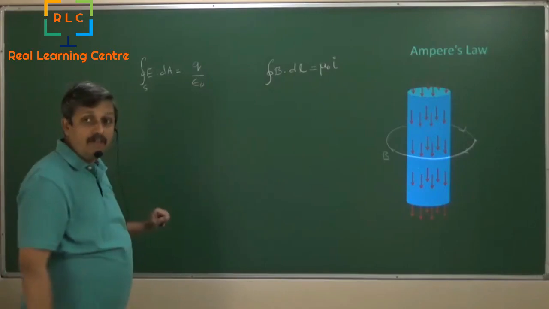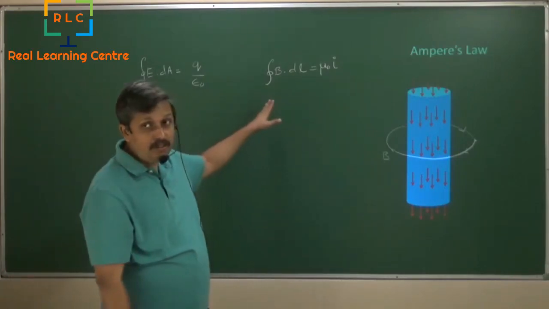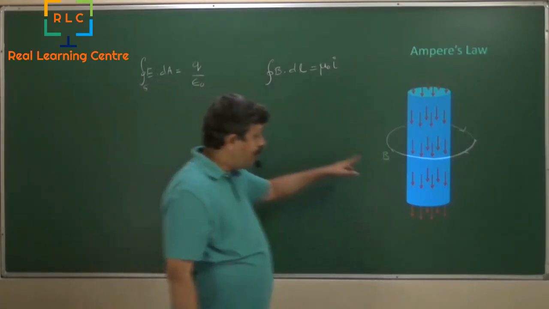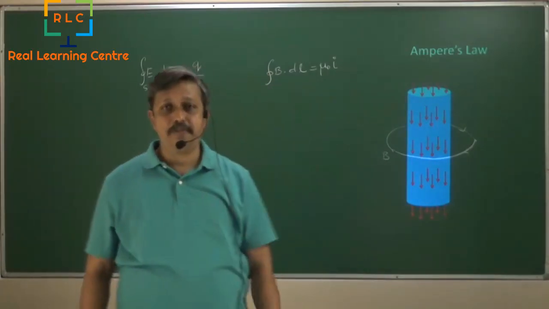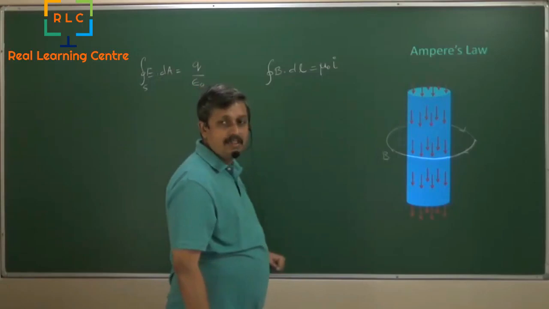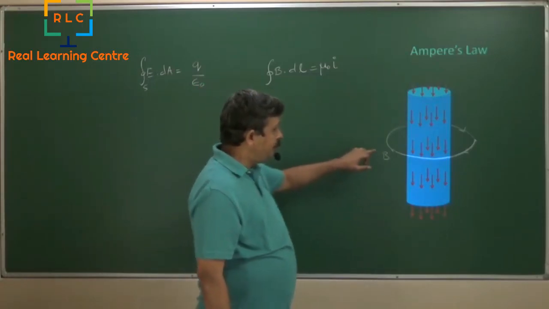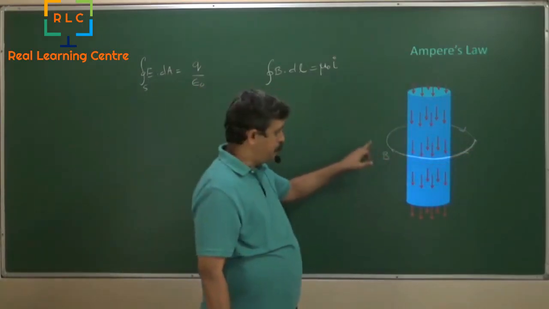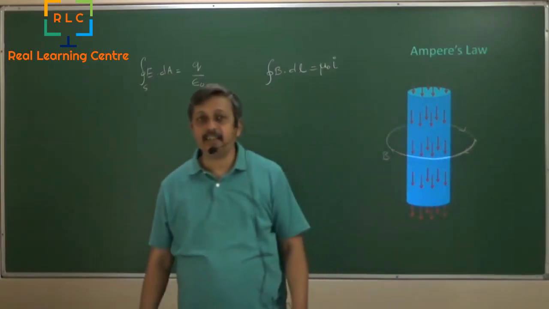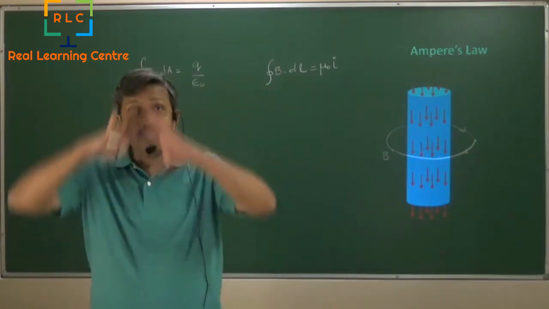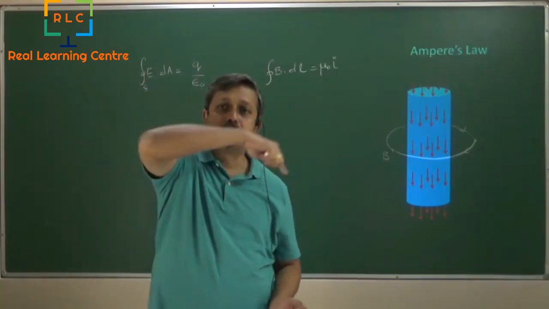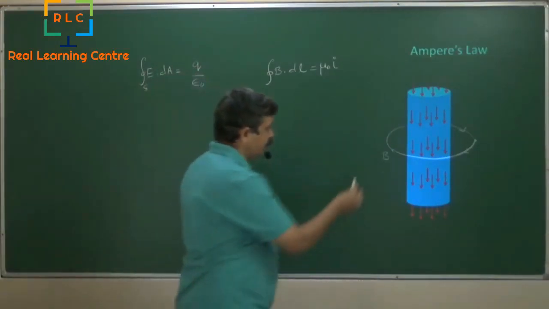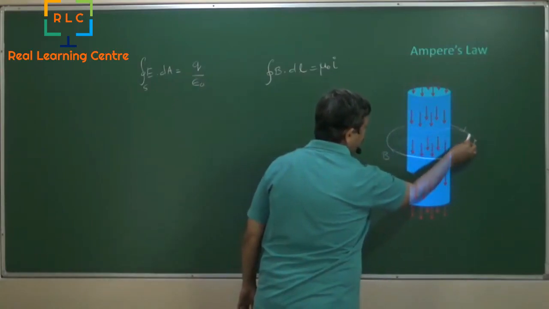Now, here also it is the same thing. What is causing the B? The electric current flowing through is causing the B. So Ampere's law tells us that if you take the B on this line, we are not taking a full closed surface, we are taking just a single loop, which has a surface here.